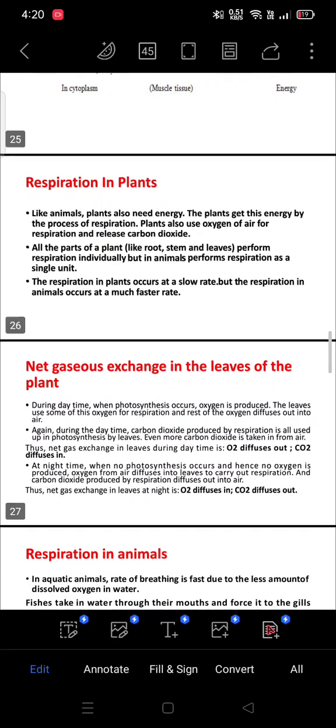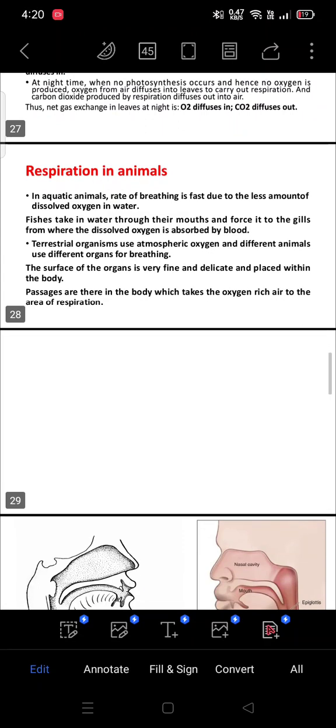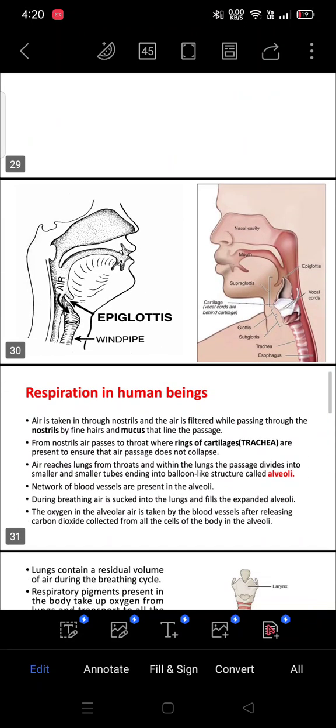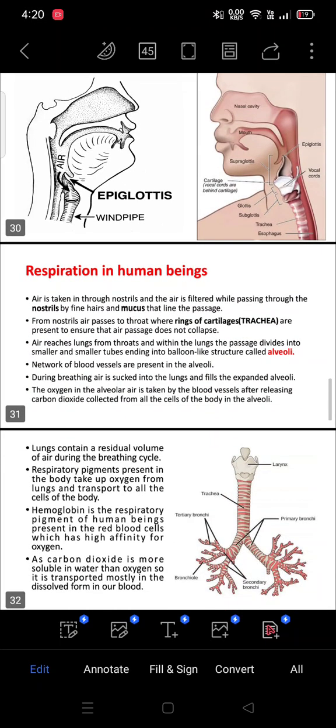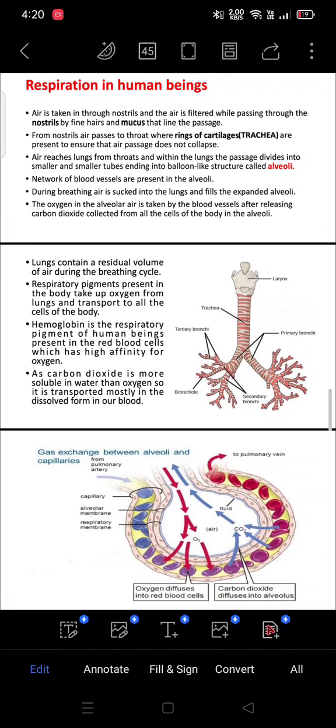Respiration in plants, which type of respiration occurs, and net gas exchange in the leaves of the plant. Then respiration in animals, how the respiration occurs in aquatic animals and terrestrial organisms also. Then after that respiration in human beings is also explained here. What is alveoli, what is trachea, which pathway is used for the passage of oxygen.